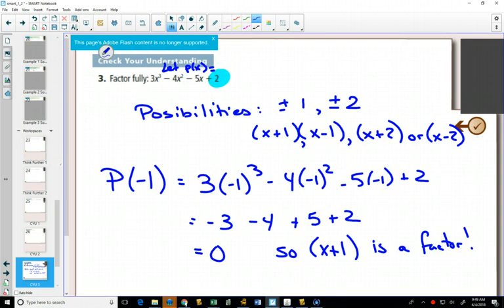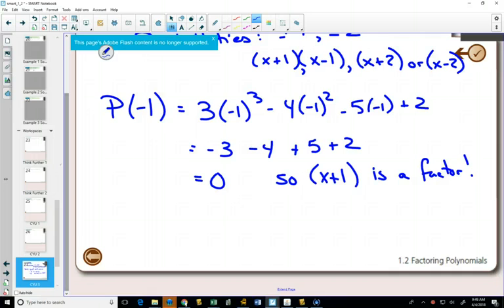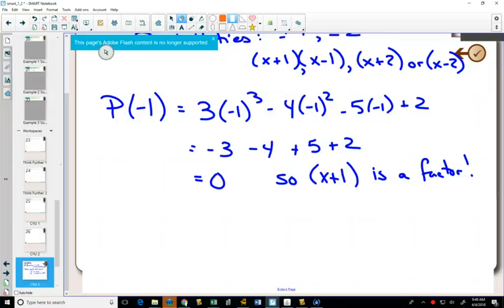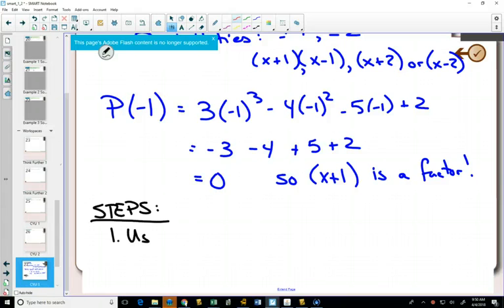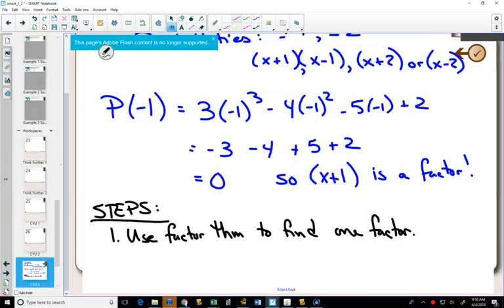And what we're going to do, and I'm going to just write out the steps for you at this point right here so we have them. Number one, we're going to use our factor theorem to find one factor. That's what we did. Step one is above.